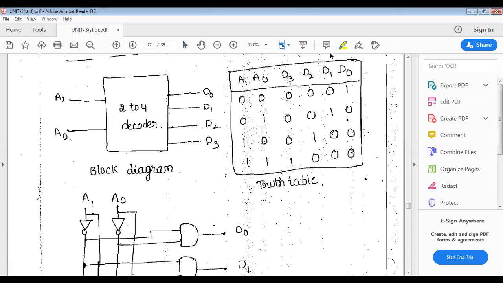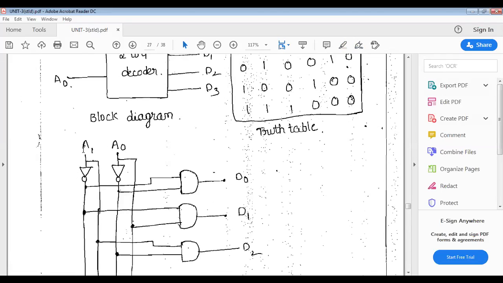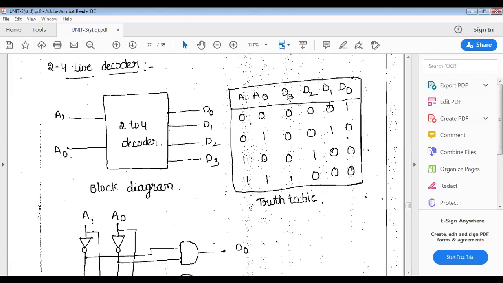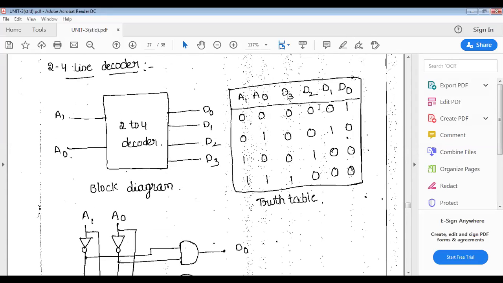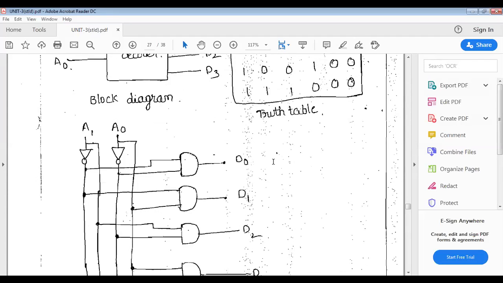Now you see here, I'm taking the inputs A0, A1 and the inverters also. What is D0? D0 is high when A0 bar and A1 bar, so I connected A0 bar and A1 bar. D1 is A1 bar and A0.